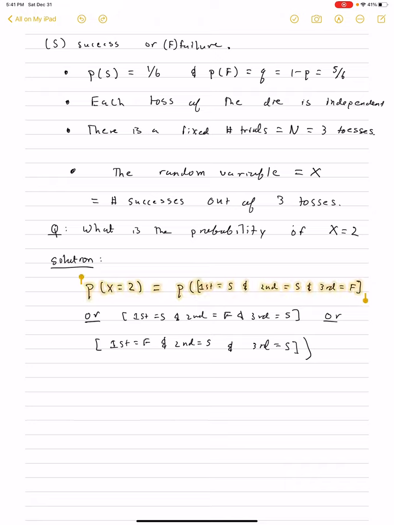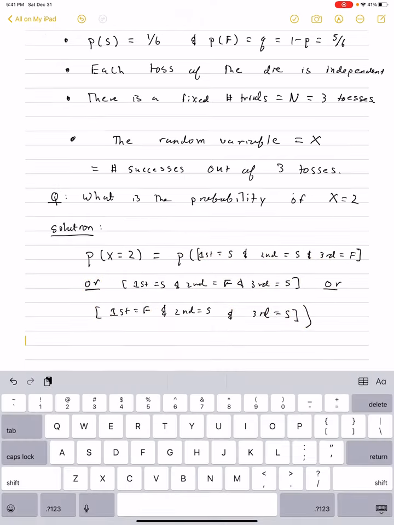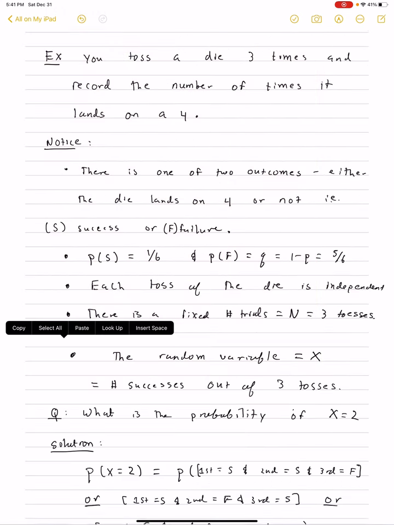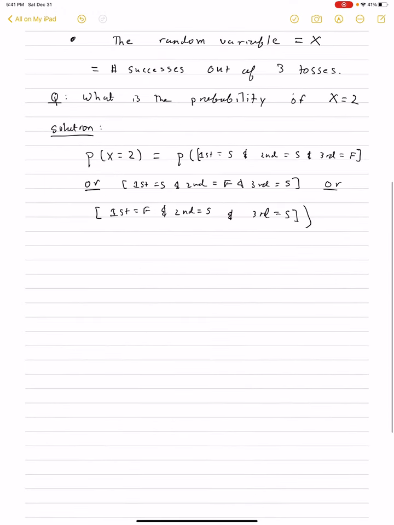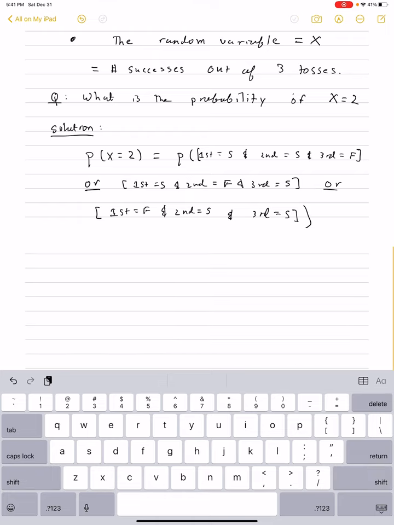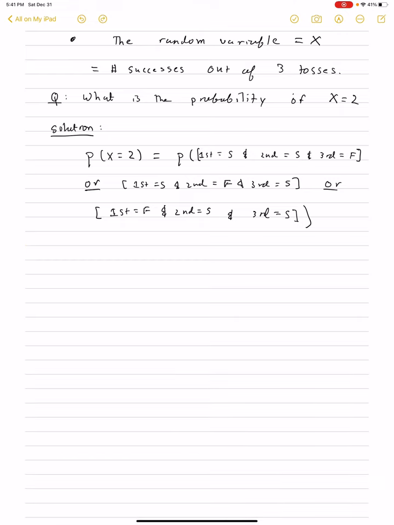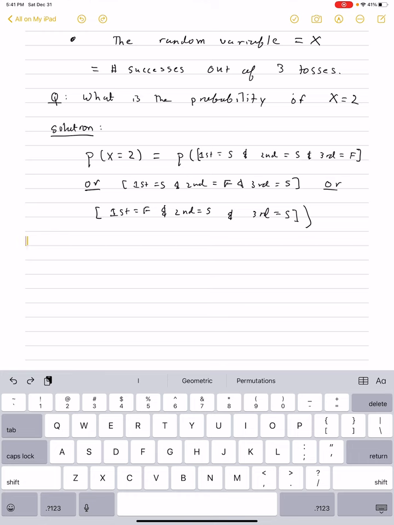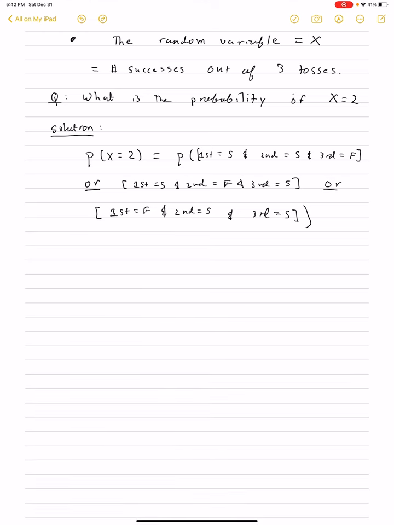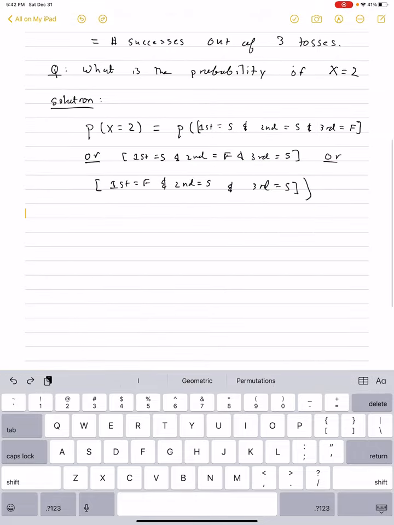So let's calculate this probability here. I'm going to copy that. My apologies. I'm going to paste that here. Not sure why it's not working.